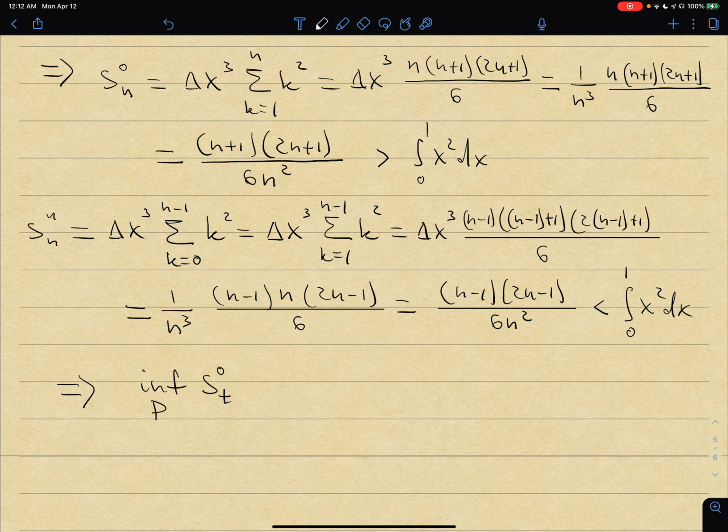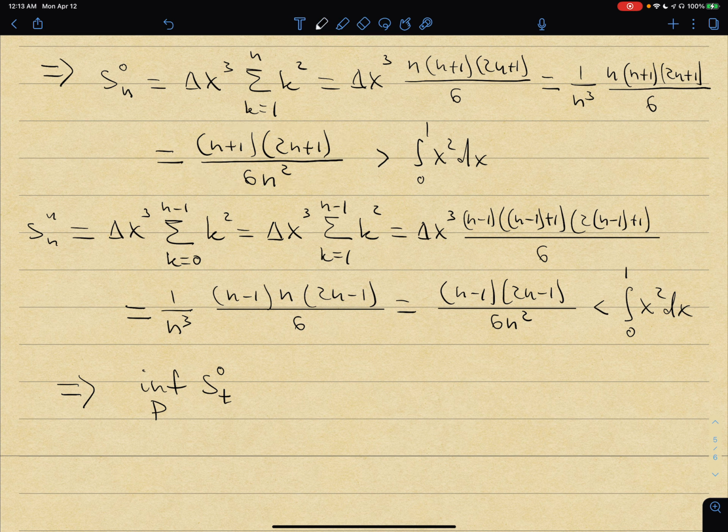I can say that for sure it must be smaller than this one overestimation that I was able to compute explicitly. So if I'm taking the infimum over all possible partitions, then it must be smaller than the value of the area approximation by using my specific partition with n intervals of equal length.